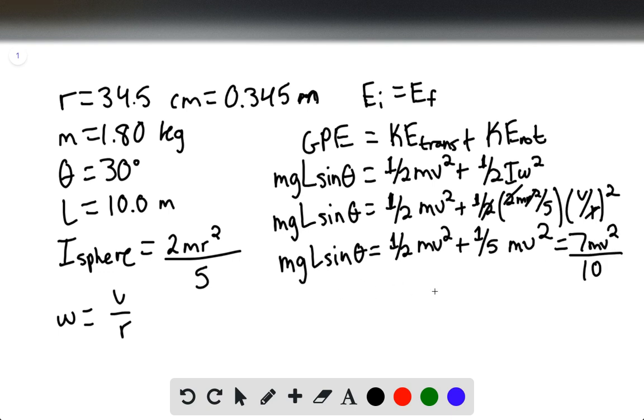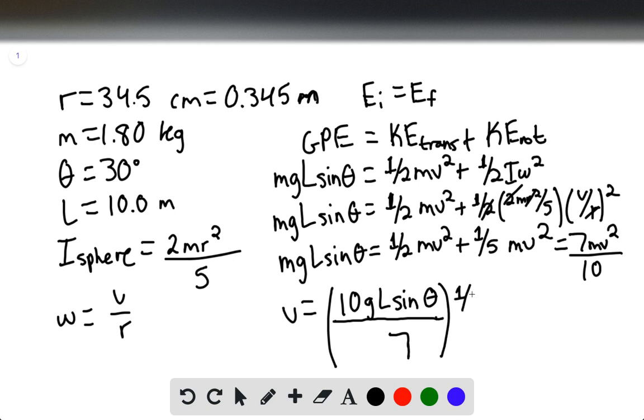So we know that v is going to be equal to 10 g L sine of theta over 7 to the 1/2. And if you're wondering where the masses went, well, this mass is going to cancel out with this mass. So after that, we can actually find v.